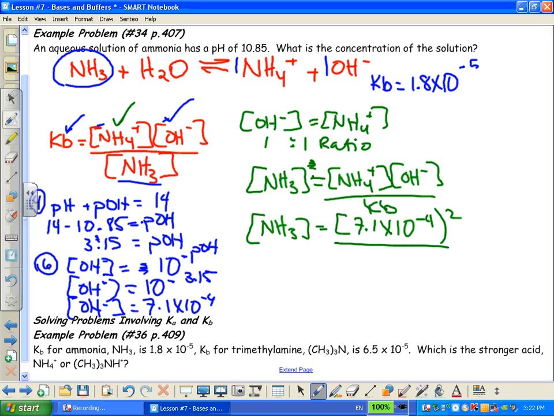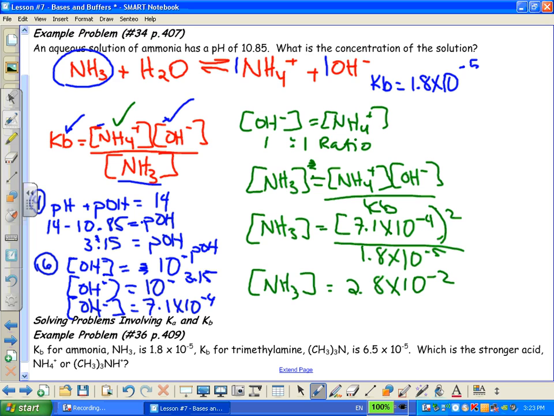And then on the bottom, my Kb value, which is 1.8 times 10 to the negative 5. If you put that into your calculator, you end up with the concentration of ammonia being 2.8 times 10 to the negative 2.